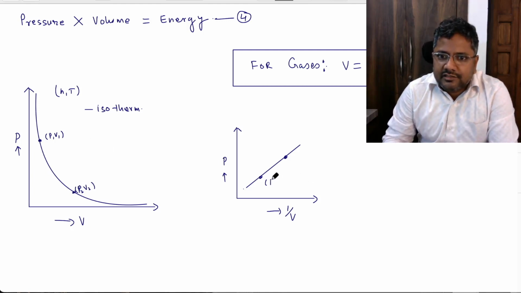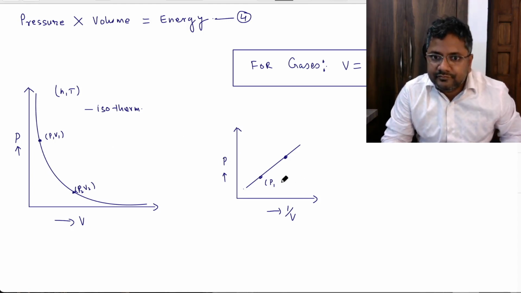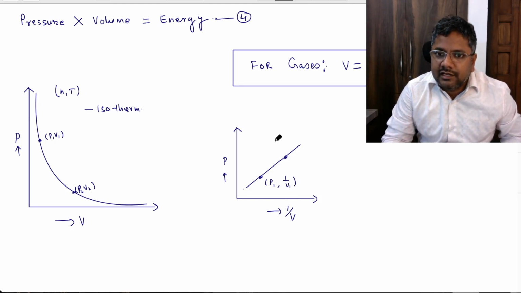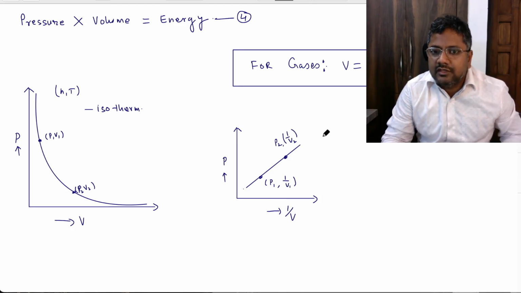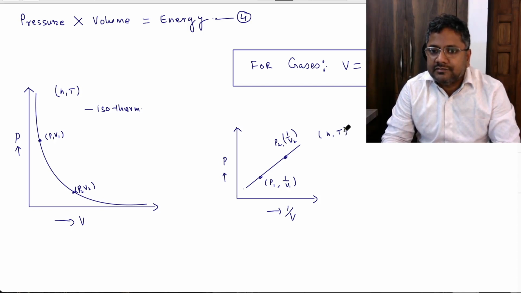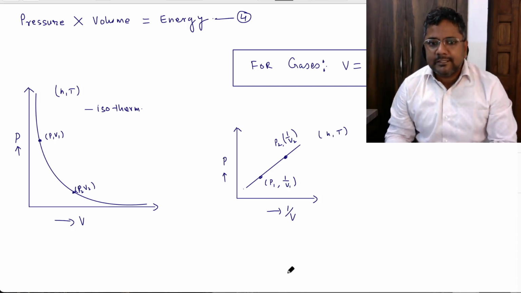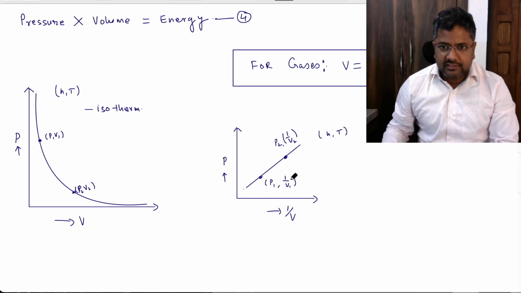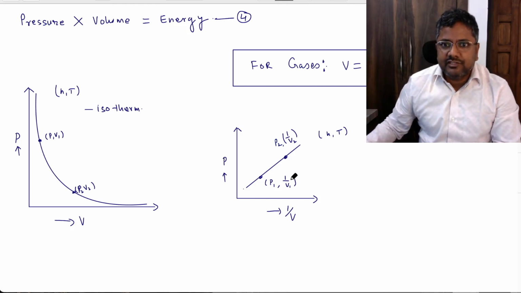Similarly, here P1, 1 by V1 and here P2, 1 by V2, and N and T are constant, right? So these are the different graphs which you can plot.